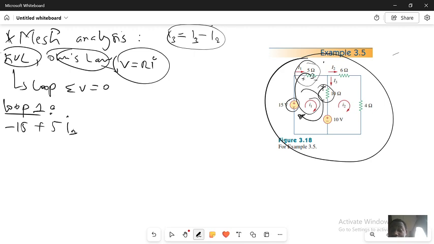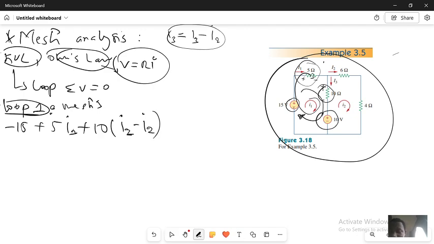So the voltage of this one is going to be the resistor, which is plus 10, multiplied by the current. What's the current? I am in mesh 1, so I can say loop 1 or mesh 1. So in mesh 1 I will have the first current I1 minus the current of the element between mesh 1 and mesh 2, so I will have I2.